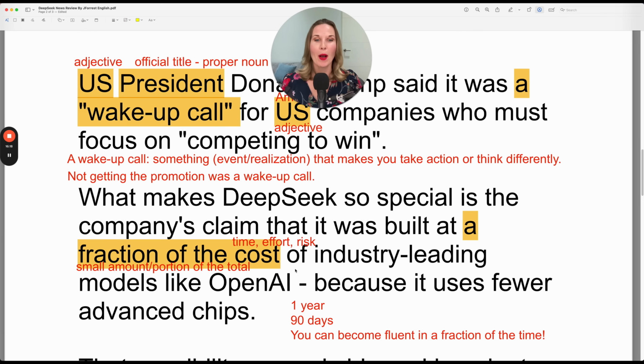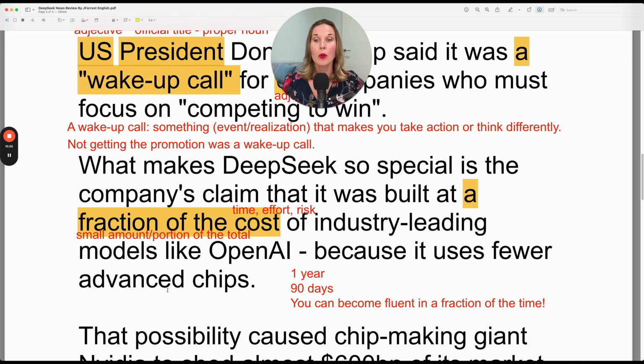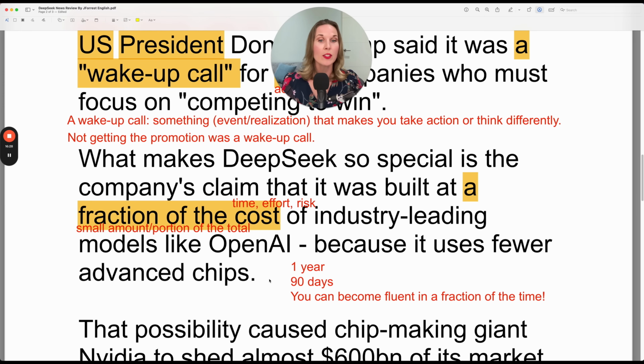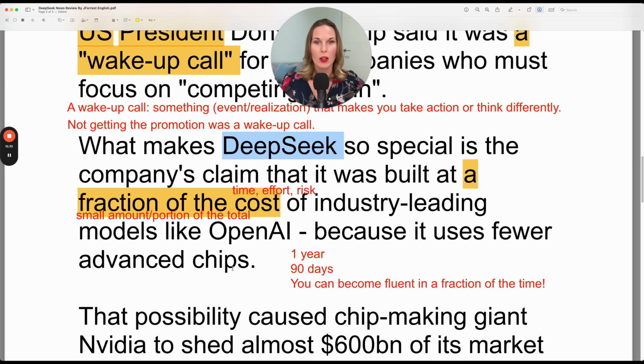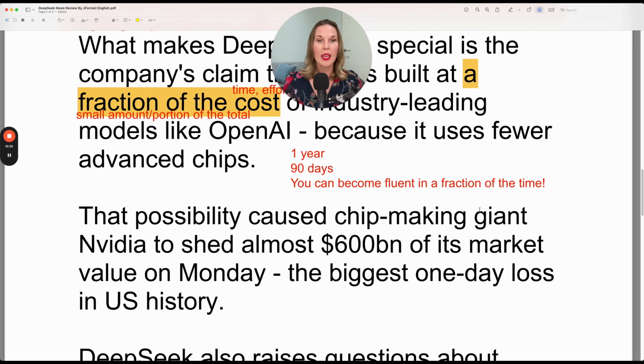That's certainly my hope. So here it was a fraction of the cost of industry-leading models like OpenAI because it uses fewer advanced chips. So this is the reason why the new AI DeepSeek was built at a fraction of the cost. That possibility caused chip-making giant NVIDIA to shed almost $600 billion of its market value on Monday.